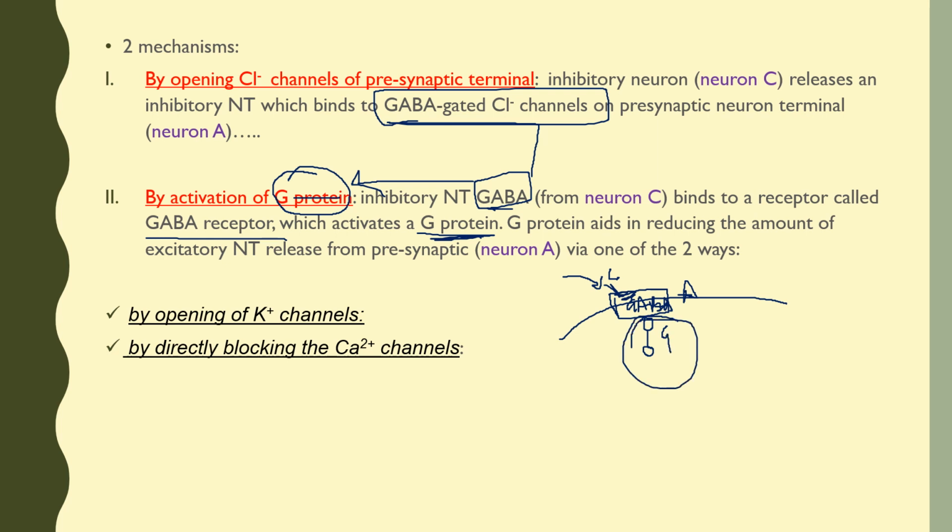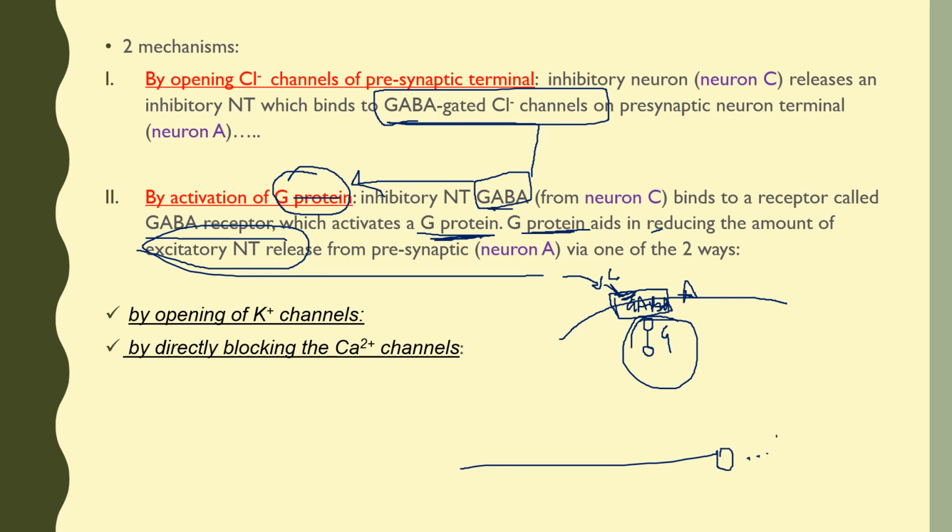After activation, this G protein will help in reducing the amount of excitatory neurotransmitter release from the neuron A. See, this was the neuron A. It was supposed to release excitatory neurotransmitter over the neuron B, but on the way C released GABA and that GABA got attached to the G protein GABA receptor, and the activated G protein will make this neuron release less excitatory neurotransmitter.